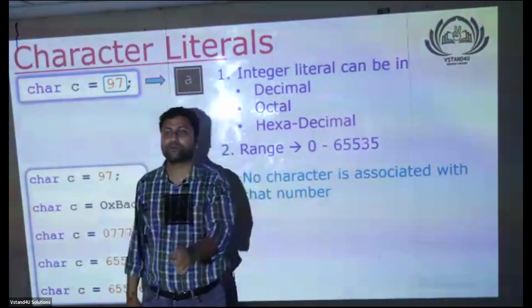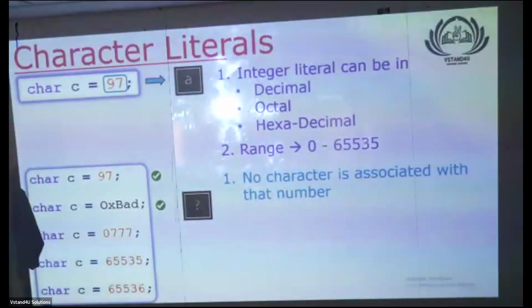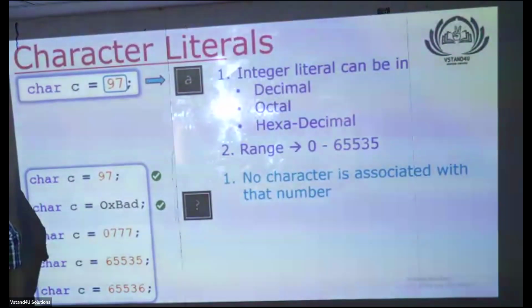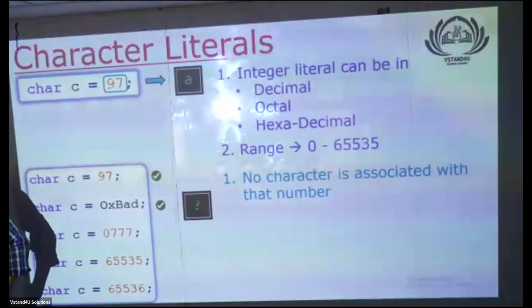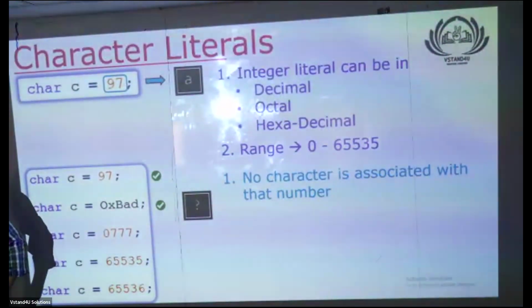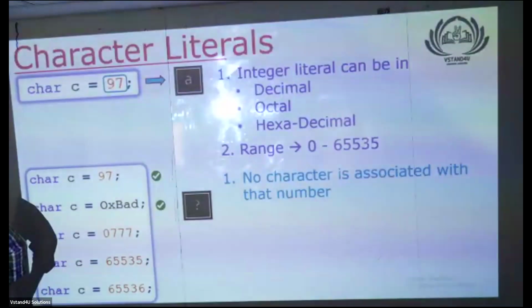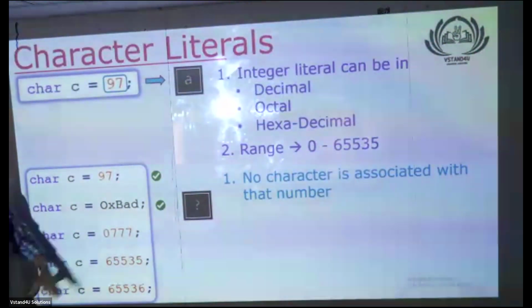Second possibility, the character is associated with that number, but that font is not there in your system. What do you mean by font? For example, Hindi alphabets are there in your system? No, you need support for that. Then Greek letters, Latin letters, Chinese, Japanese, Urdu, Arabic and Portuguese letters are not there.